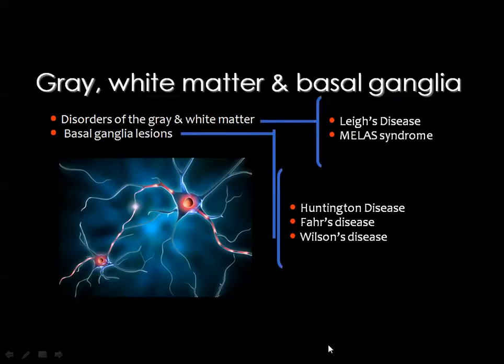this pathology. Then we came to the lesions affecting the gray and white matter as well as those affecting the basal ganglia. The gray and white matter lesions will include Leigh's disease and MELAS syndrome.